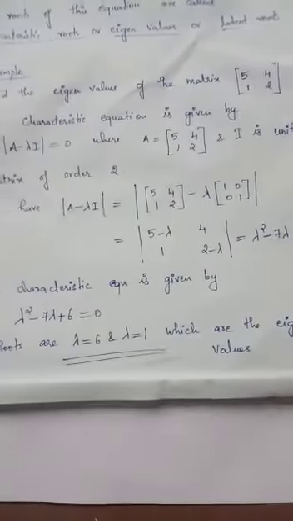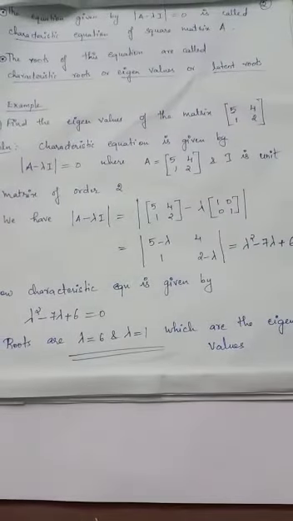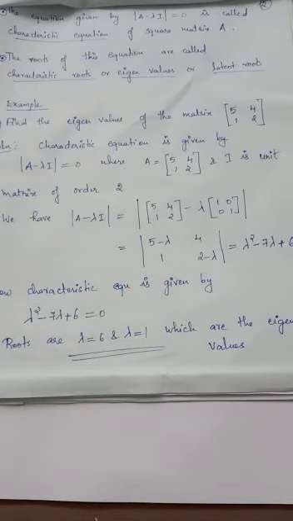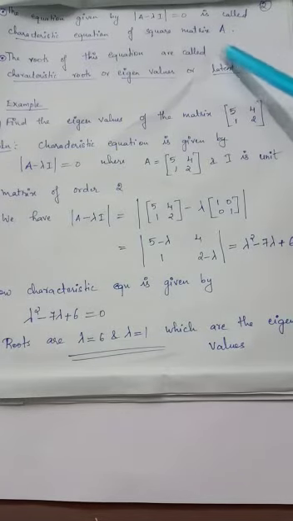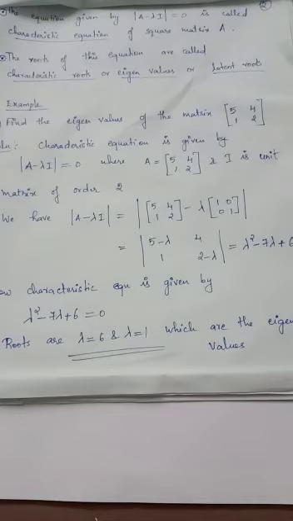If we equate the determinant of this matrix to 0, we get an equation which is known as the characteristic equation of the nth order square matrix A. Certainly, this characteristic equation will have roots, and those roots are known by the name characteristic roots or eigenvalues or latent roots.